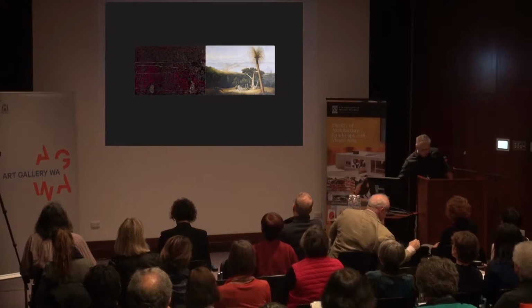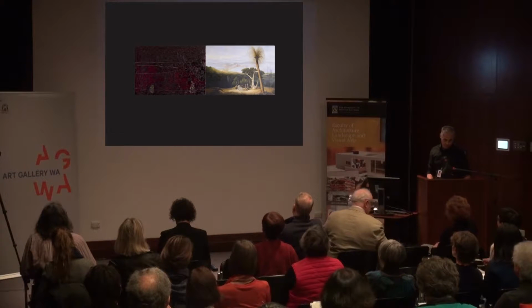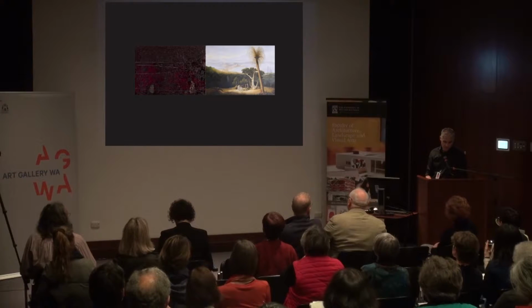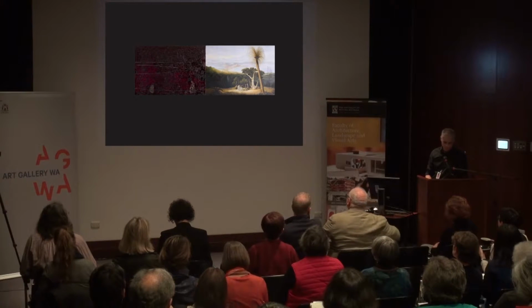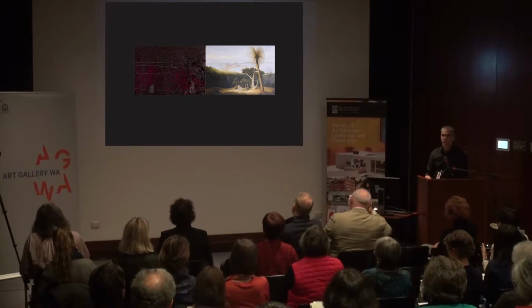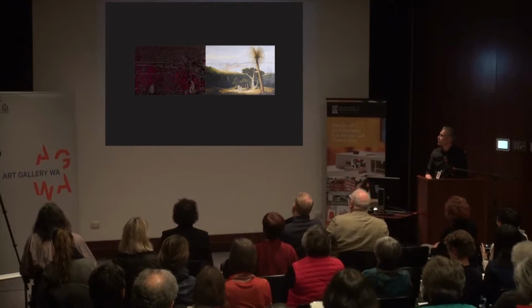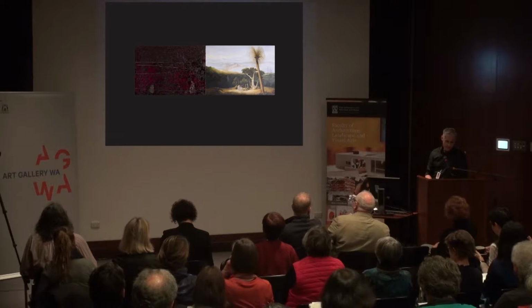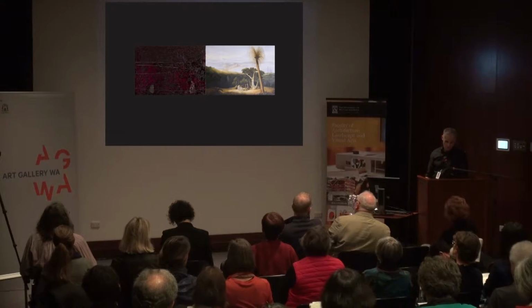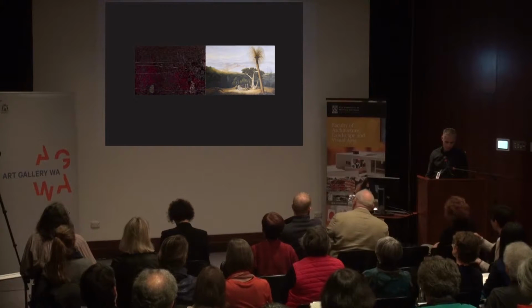Okay, this is a work that I did called Noongar Budja, or Noongar Land. It's an interpretation of a William Westall work that was completed in 1801. He was on board the Investigator with Matthew Flinders. And the interpretation of land in these early years is very different to that of Noongar people, obviously.